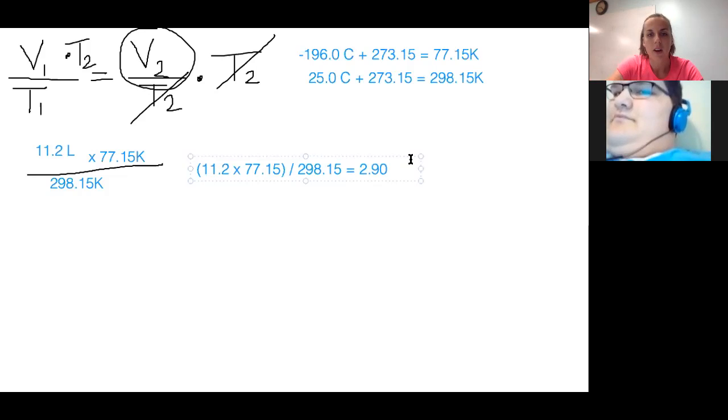Okay, so our answer, once we plug it all in, they're asking me for the new volume. So the unit is liters, so it's going to be 2.90 liters. I got 2.898, but I need to get it down to 3 significant figures, so I'm going to round to 2.90. So your new volume is 2.90 liters.